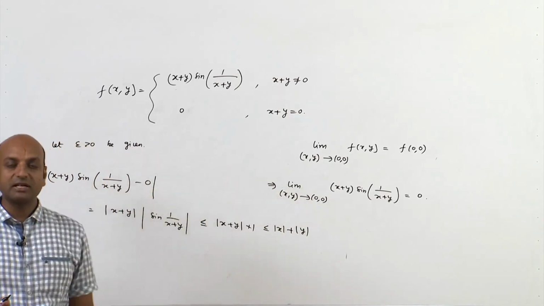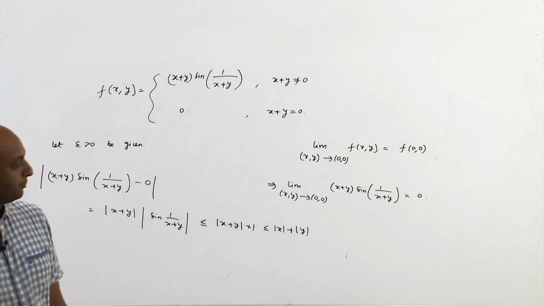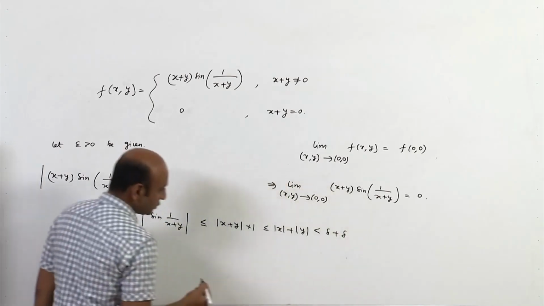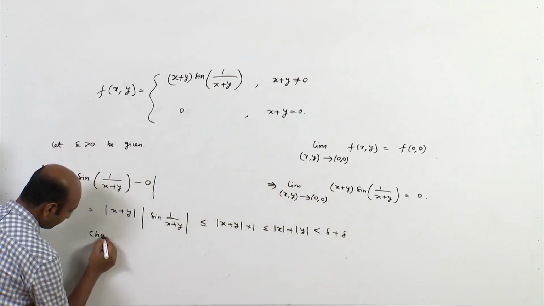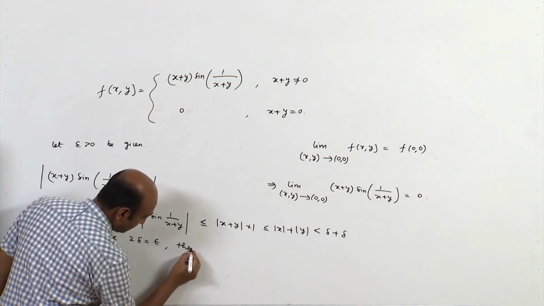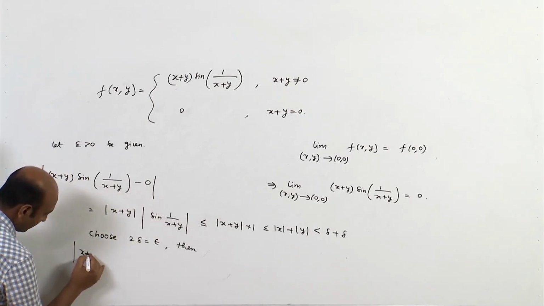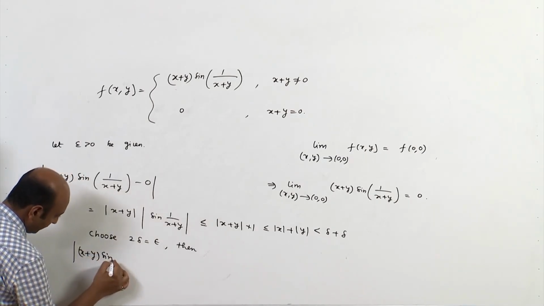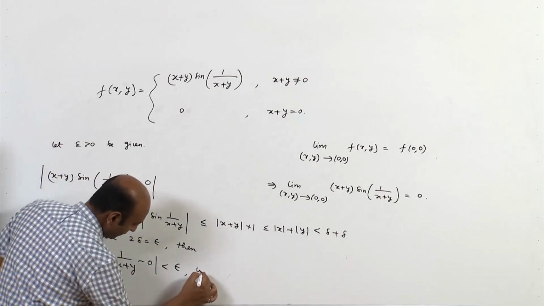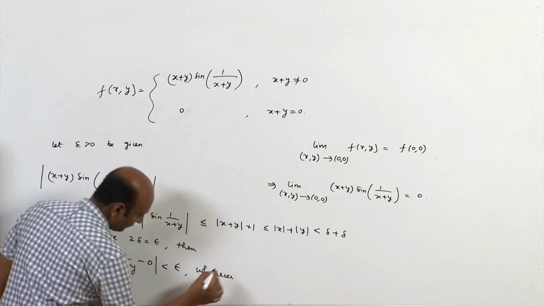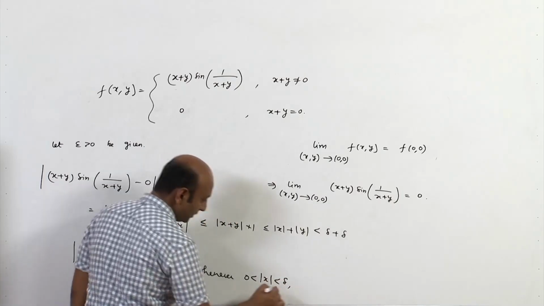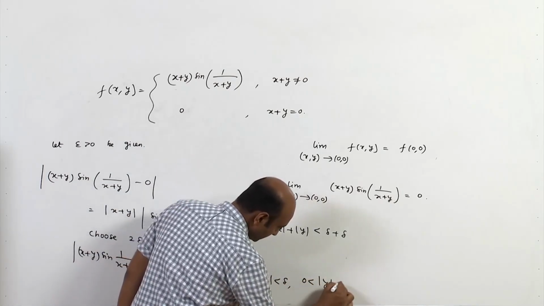Mod (a plus b) is always less than or equal to mod a plus mod b, and if we take it less than delta plus delta, so if we choose 2 delta equal to epsilon, then mod of (x plus y) sine of 1 upon (x plus y) minus 0 is less than epsilon whenever 0 less than mod x less than delta and 0 less than mod y less than delta.